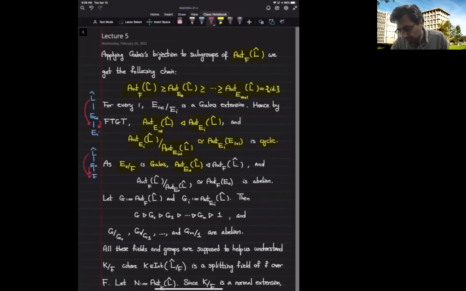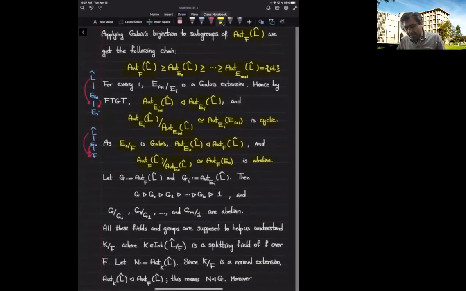So again, by the fundamental theorem of Galois theory, we deduce that the E sub 0 linear automorphisms of L hat is a normal subgroup of the F-linear automorphisms of L hat. And the quotient, by a similar argument, is isomorphic to the F-automorphisms of E sub 0. And that one, again, is a generalized cyclotomic extension. Therefore, it's an abelian group. It is, in fact, a subgroup of the group of units of Z sub n.